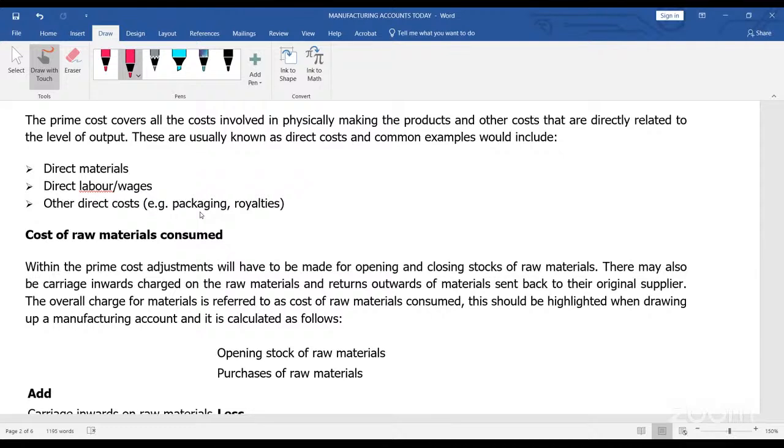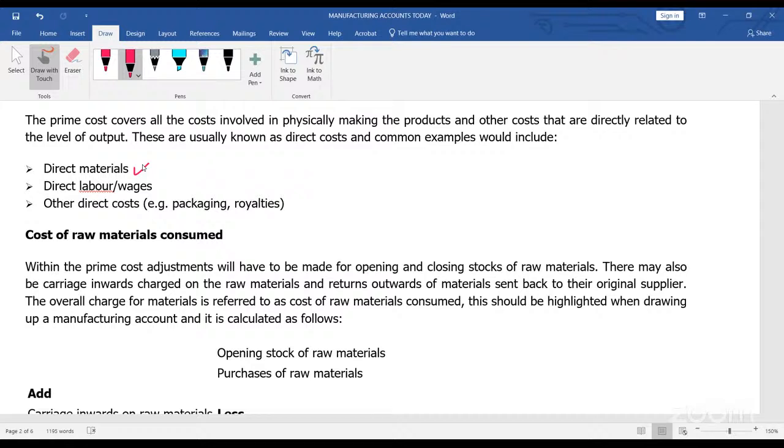Prime cost, we have talked about this: the costs that are incurred and involved in physically making the product, and those other costs that are directly related to the level of output. For example, direct materials, those are pure direct costs.